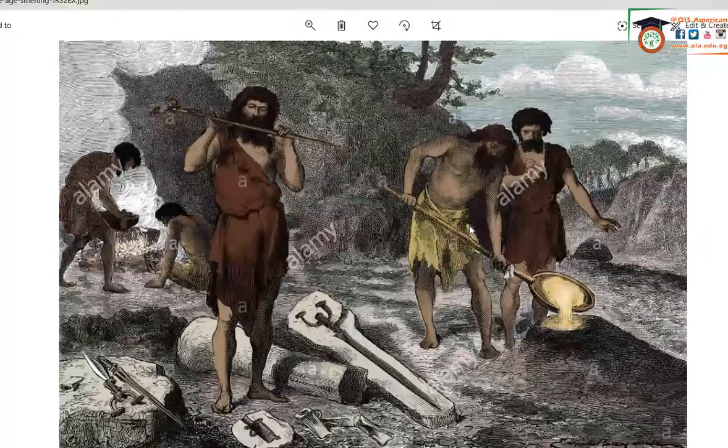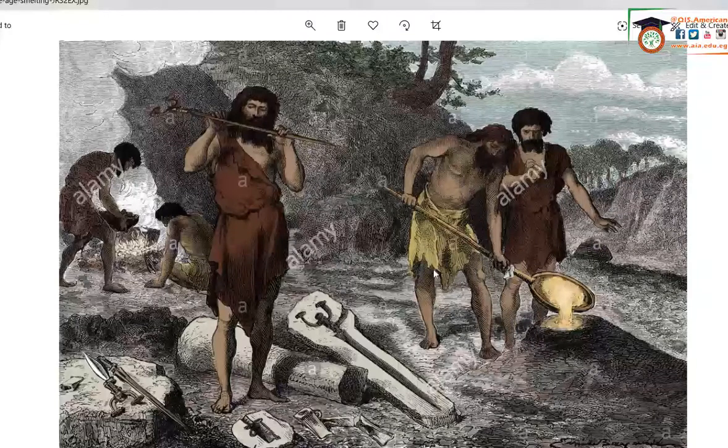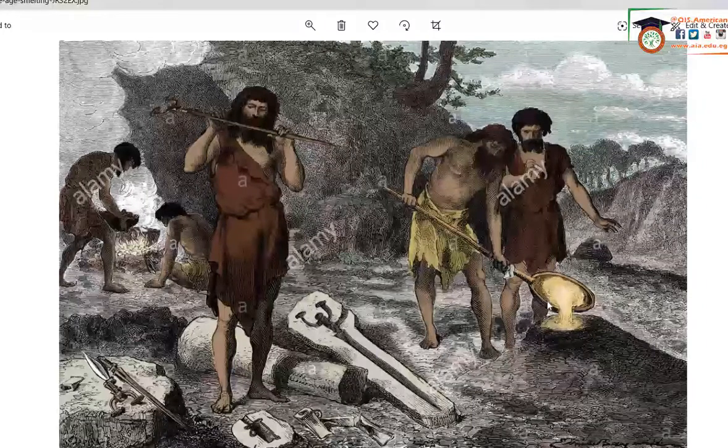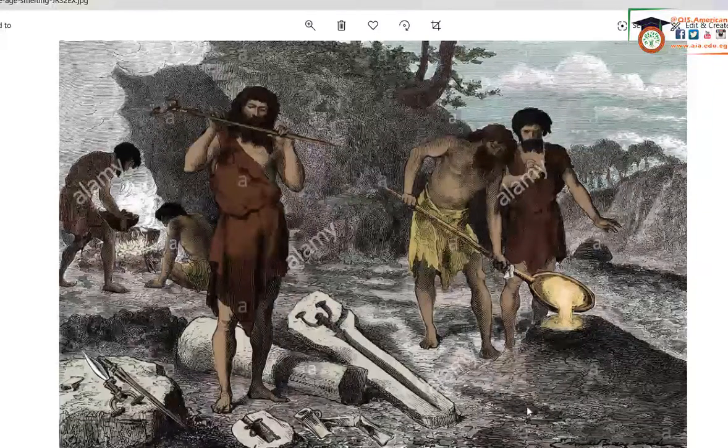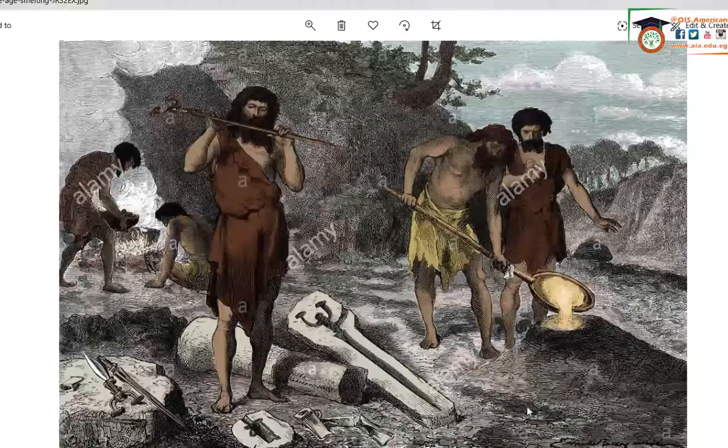This is a picture of some stone people, or from the Stone Age. They just started finding the bronze, and as you see now, they are making tools and trying to melt it to shape tools and weapons to protect them from conquering from other lands, or to provide them with strong weapons so they could conquer other lands as well.